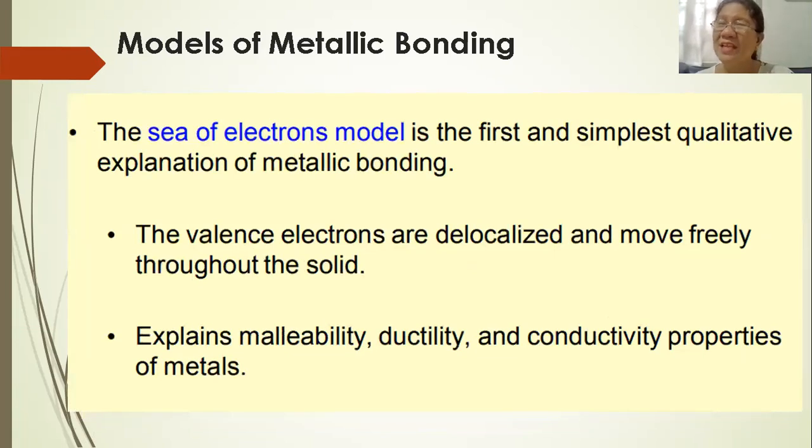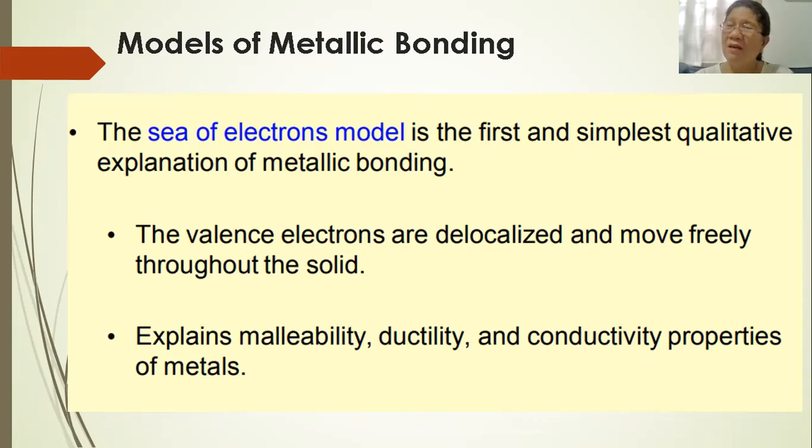What we have in metallic bonding is known as the sea of electrons model. Sea of electrons, meaning it is purely metals, purely aluminum. The sea of electrons model is the first and simplest qualitative explanation of the metallic bond.